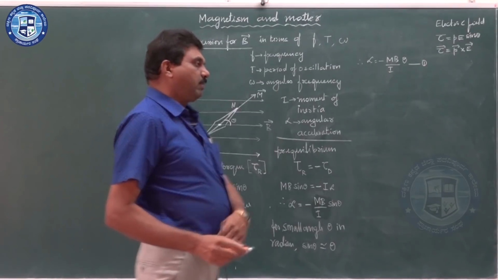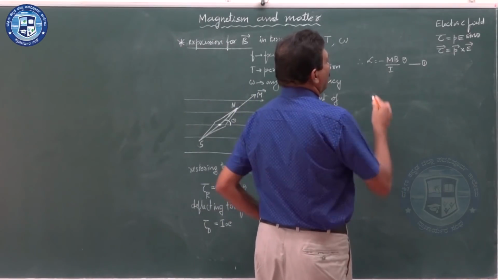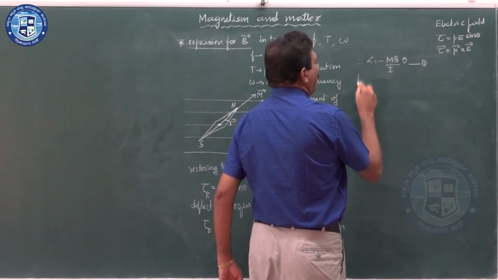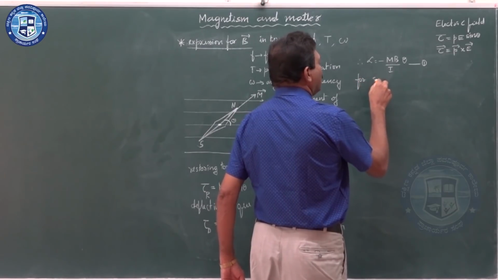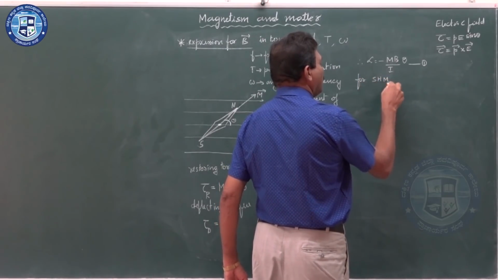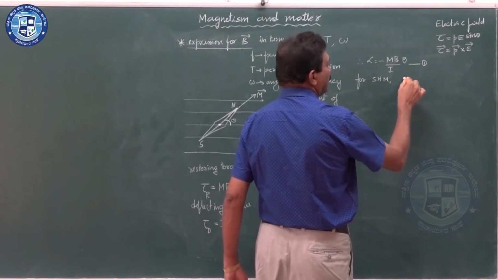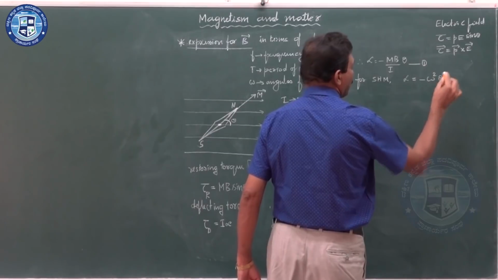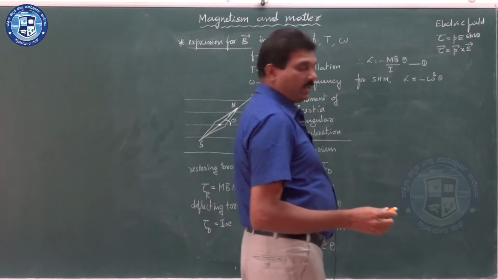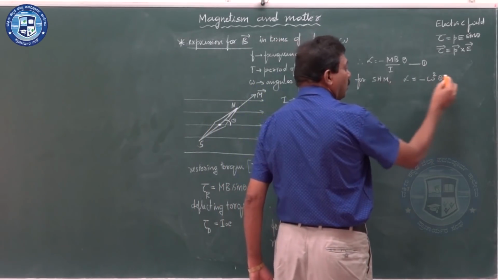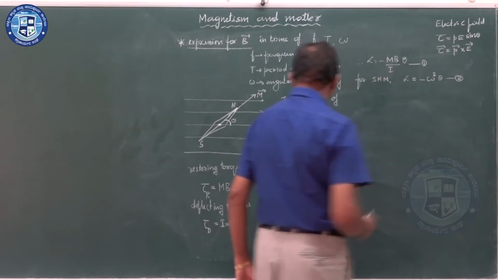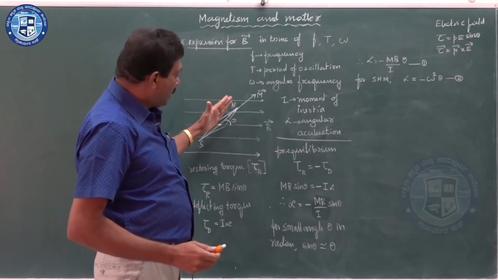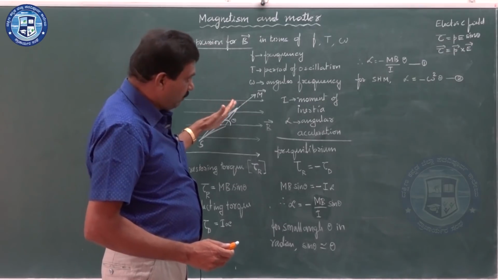You studied in first PU, for simple harmonic oscillation or simple harmonic motion, angular acceleration is also given by the formula minus omega square theta. So, here the needle is undergoing simple harmonic oscillation, if you think.